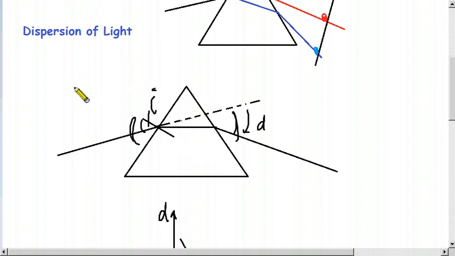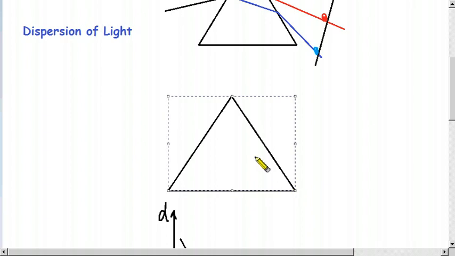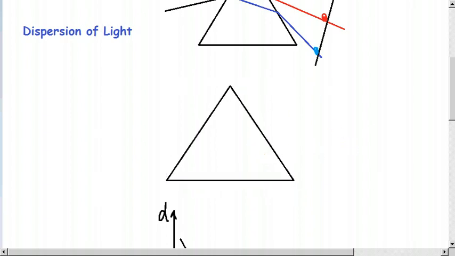Symmetrically means that the ray doesn't go like this, or even like this. Symmetric means exactly the left and right parts are equal, the angles are equal.